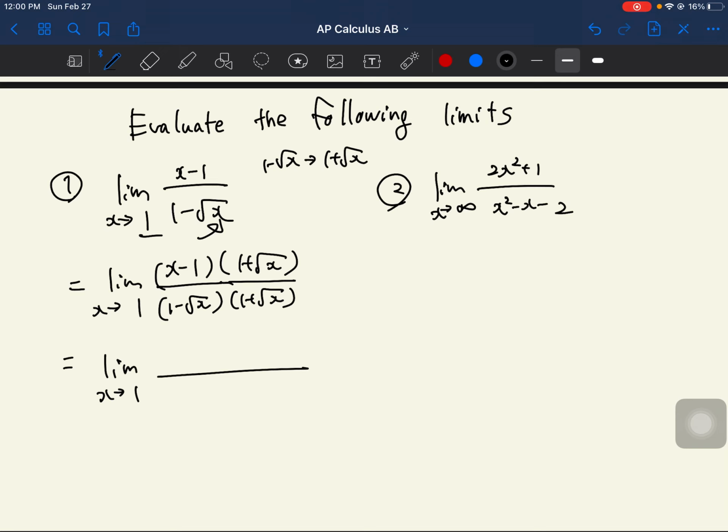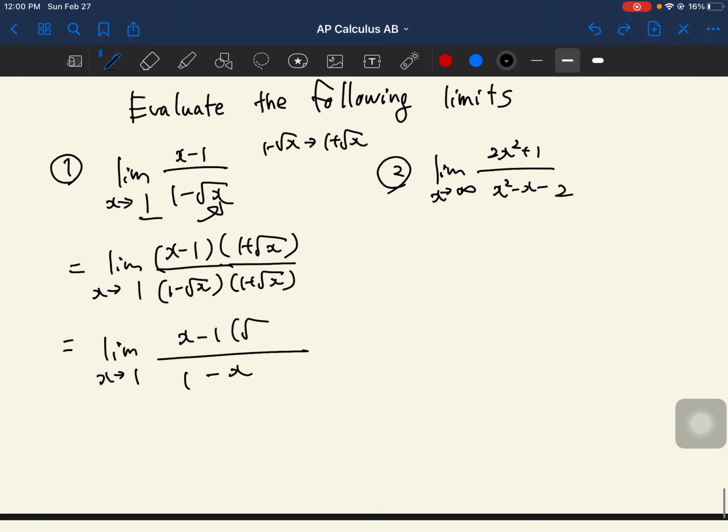Then let me calculate it. The bottom part is going to be 1 minus x, sorry, no, 1 plus square root of x.